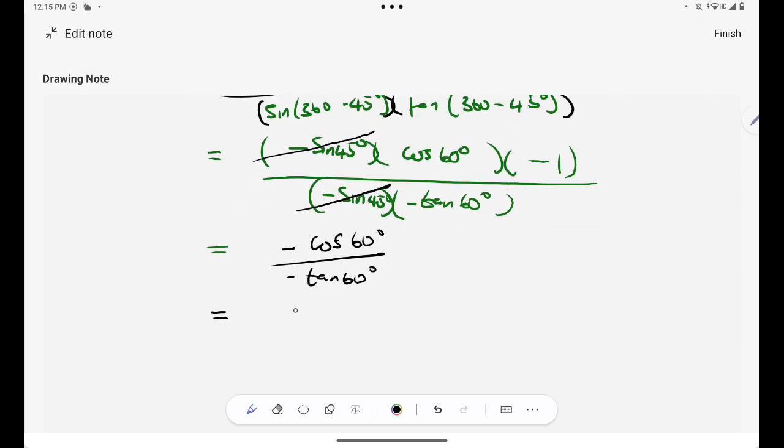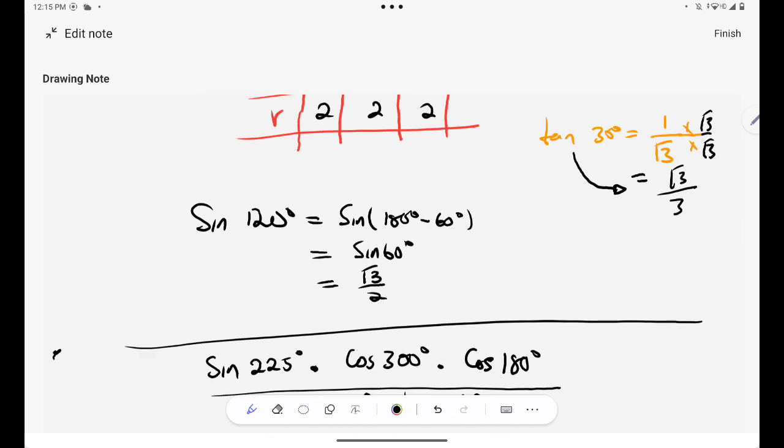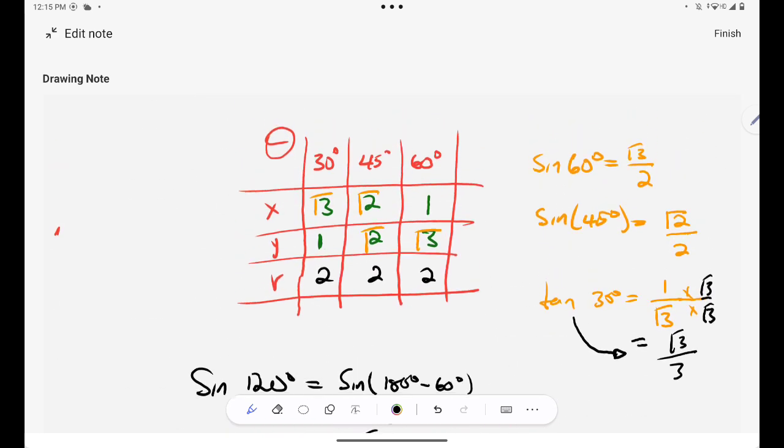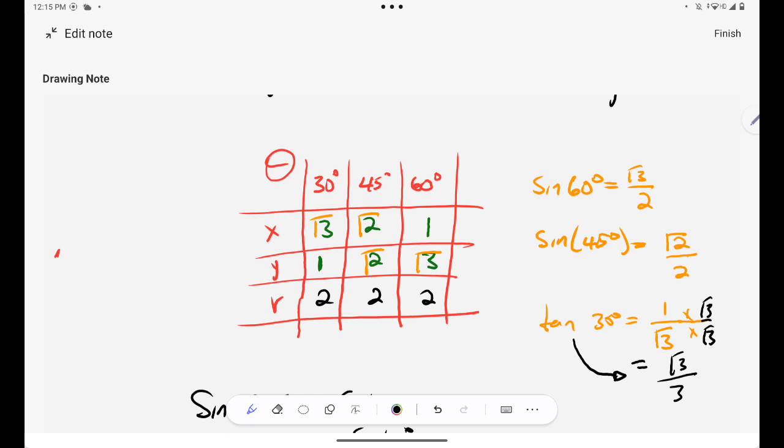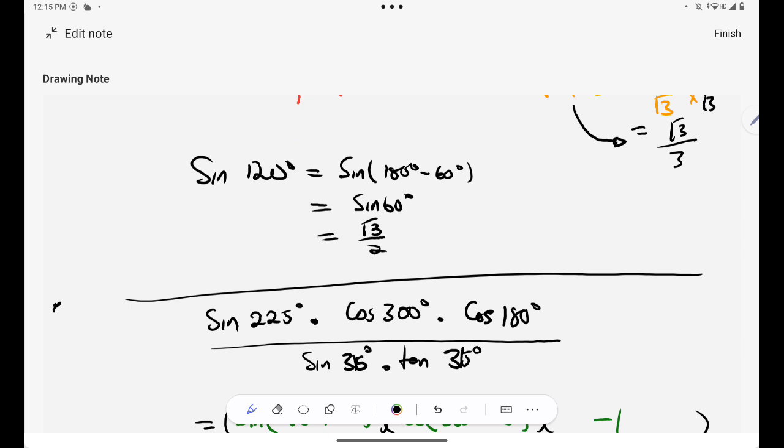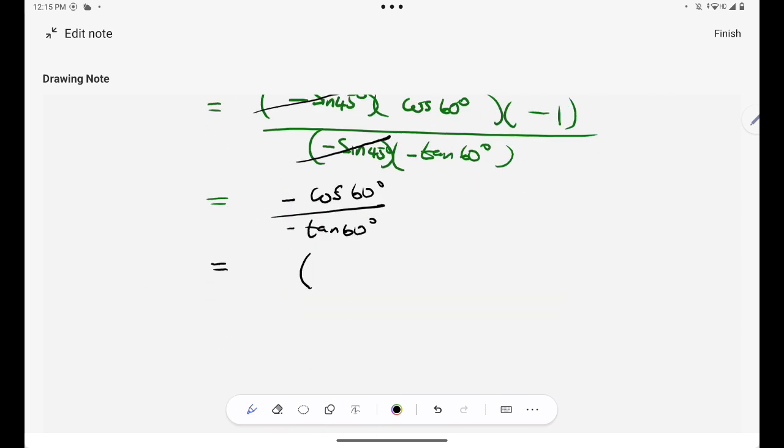The negatives will cancel as well, so I'll be left with cos of 60. By definition, cos is x over r. I'll go to 60 degrees and check what is the value of x over r. X over r is 1 over 2, so I'll simply write 1 over 2 there.